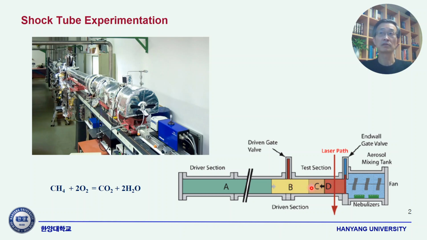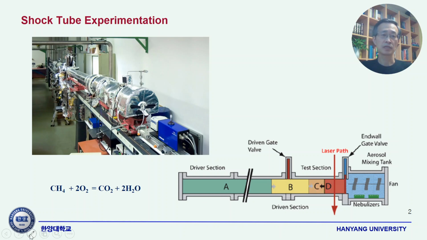You can obtain amazingly high temperature, so that you may obtain information about methane oxidation or methane combustion, methane plus O2 making CO2 and H2O. This is a very simple representative reaction you may observe here.